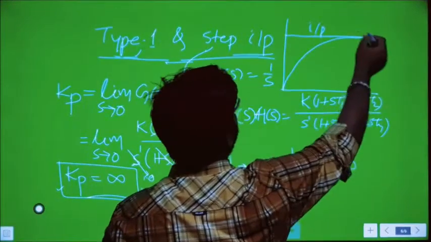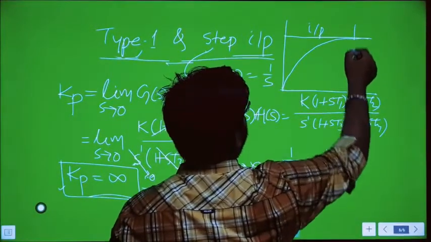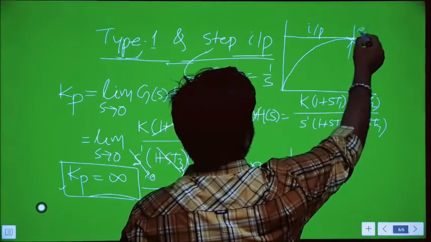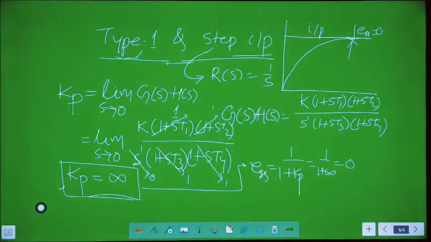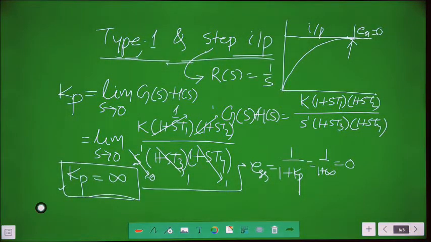Steady state error is 0. I repeat, whenever my system is type 1 and I apply a step input, I should not get any error. As time tends to infinite, my output reaches my input.